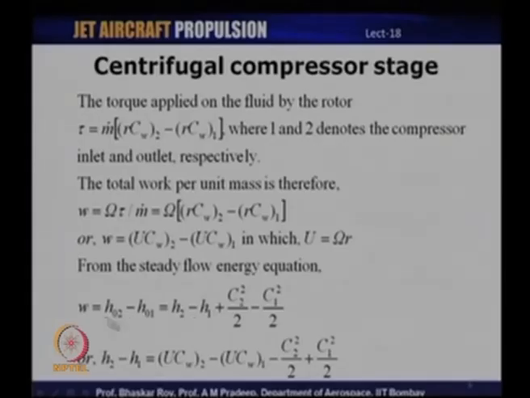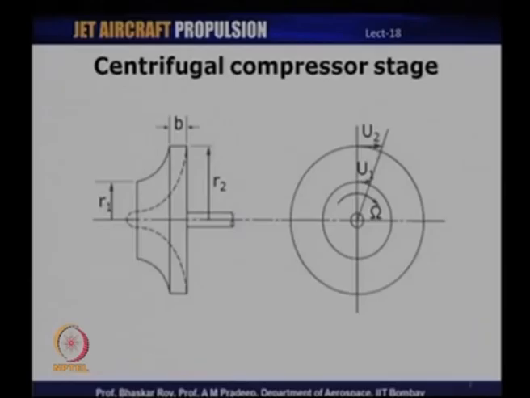Now, H02 minus H01 is already known, that is u times CW at outlet minus u times CW at inlet. Therefore, H2 minus H1 is u CW at 2 minus u CW at 1 minus C2 square by 2 plus C1 square by 2. So, this is the static enthalpy rise across the compressor rotor.